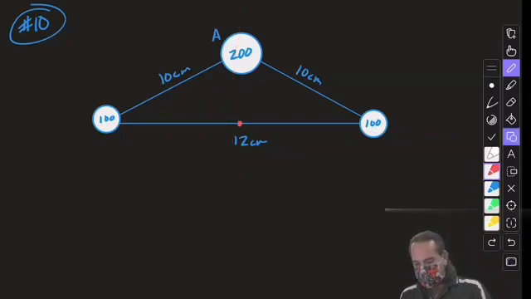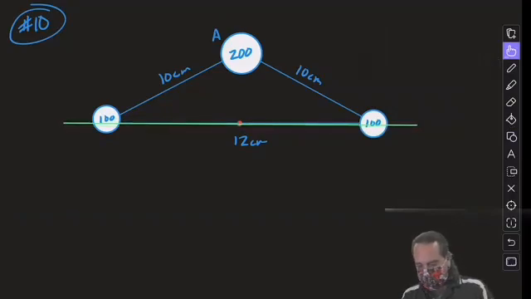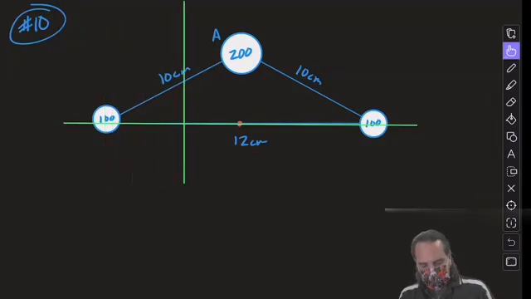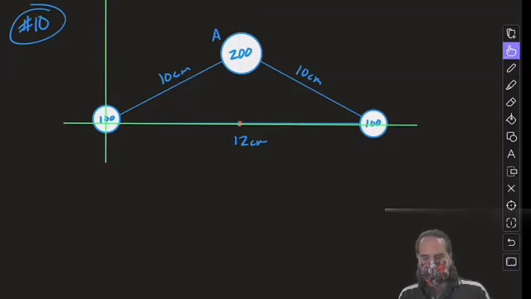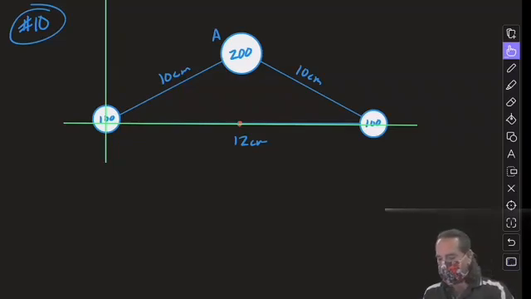But let's go ahead and find the location of the center of mass. And we've not done it like this before, so I think this is a worthy activity. For the first part of the problem, I'm going to put my y-axis here, and we're going to find the center of mass along the x direction. What you might not know is that when you're finding the center of mass along the x direction, the y direction doesn't matter at all.